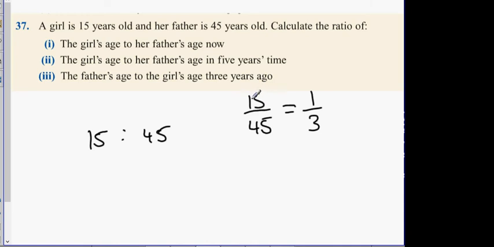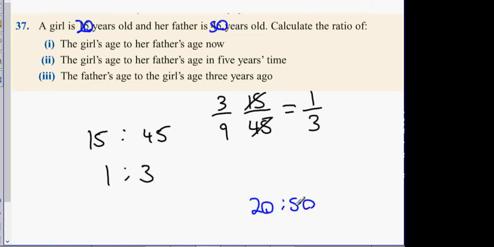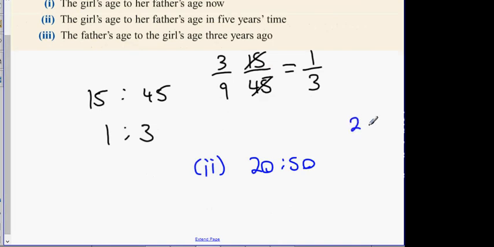Or if you don't know your tables that well, divide by 5 first and you get 3 over 9, and then 3 over 9 is 1 is to 3. Now, the girl's age to her father's in 5 years' time. In 5 years' time, she's 20 and he's 50, so 20 is to 50 for part 2. Same thing as 2 is to 5.